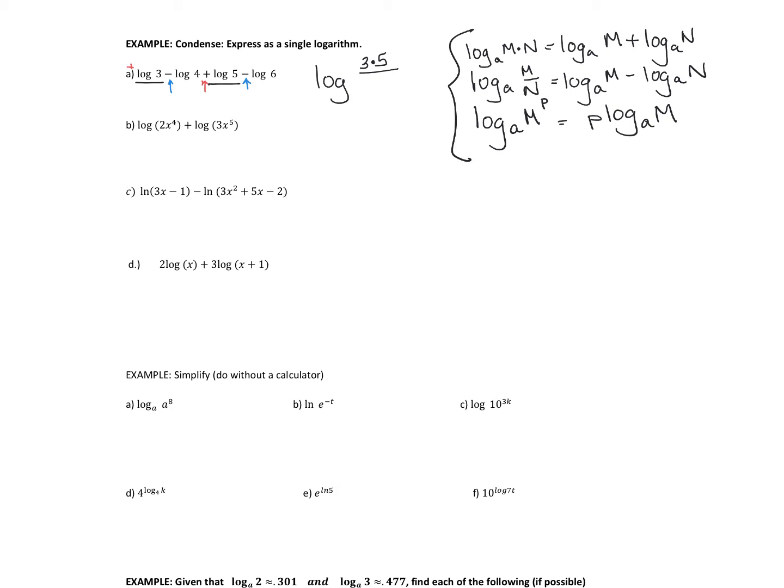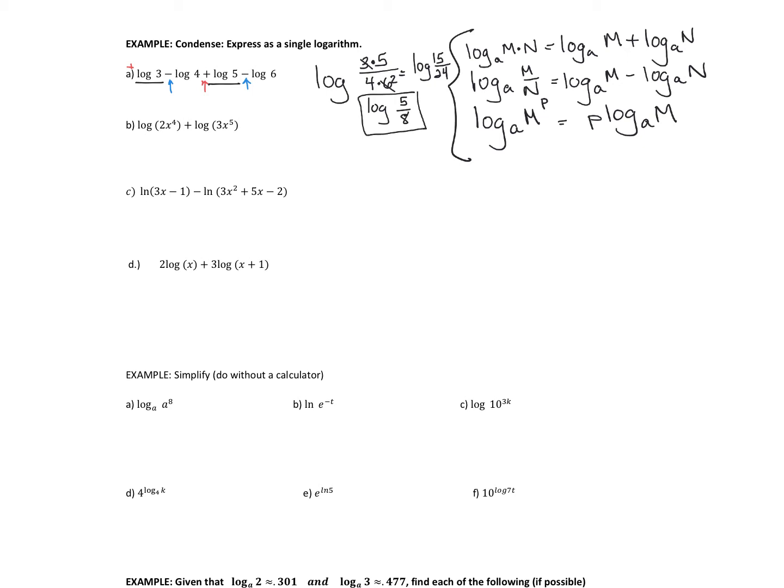And if there's a minus sign in front of it, that means it came from the denominator, and we'll have 4 times 6. So in this particular case, we have log of 15 over 24, which we could reduce. Let's do that. We could have canceled here and gotten log of 5/8.